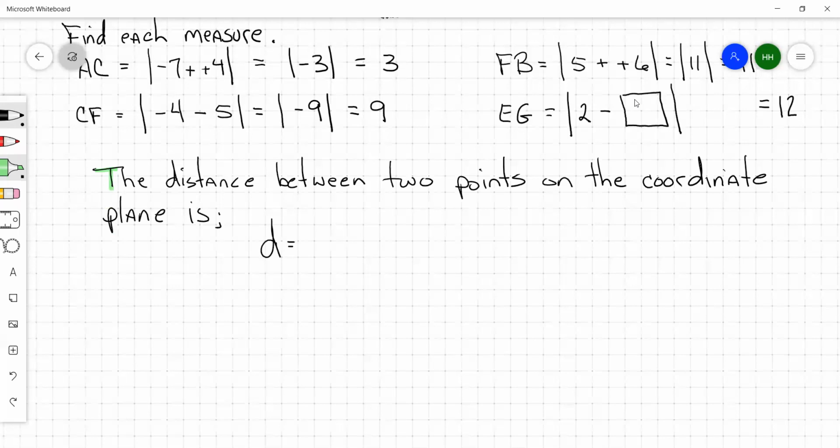The distance between the 2 points is equal to the square root of your x sub 2 minus your x sub 1 squared plus your y sub 2 minus your y sub 1 squared.